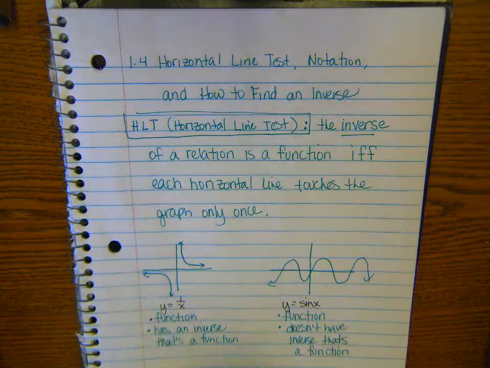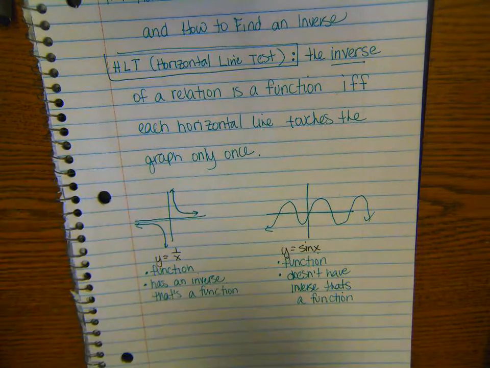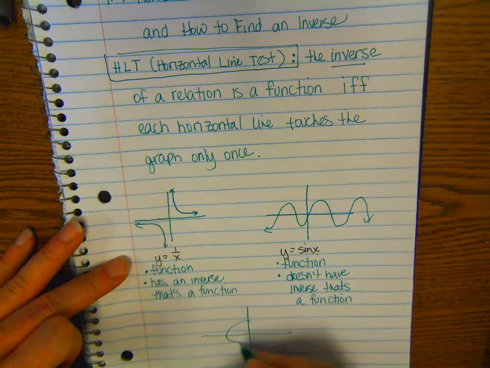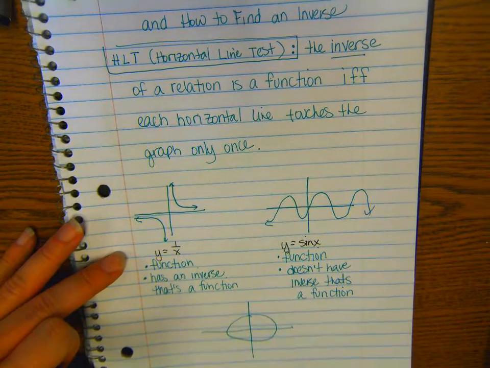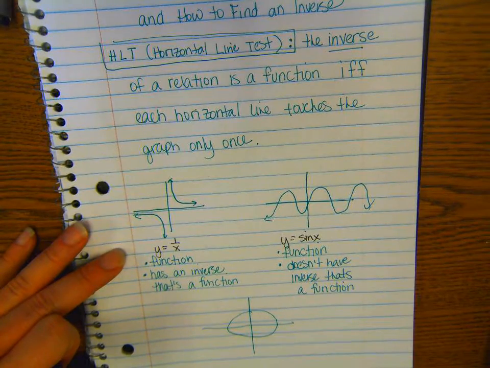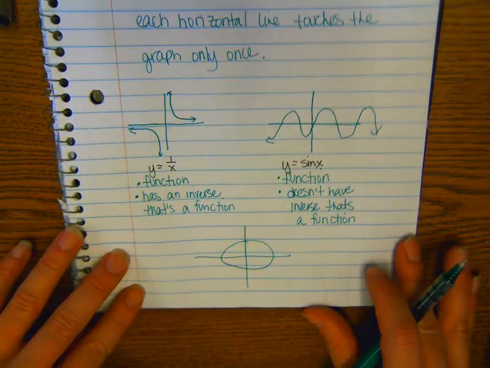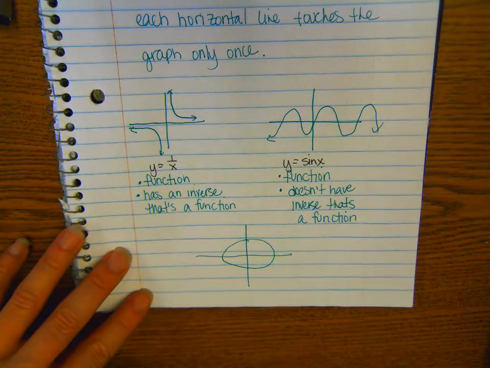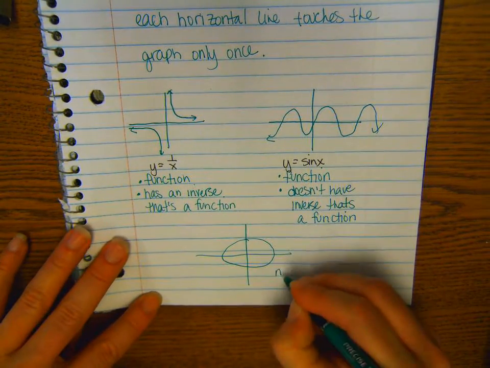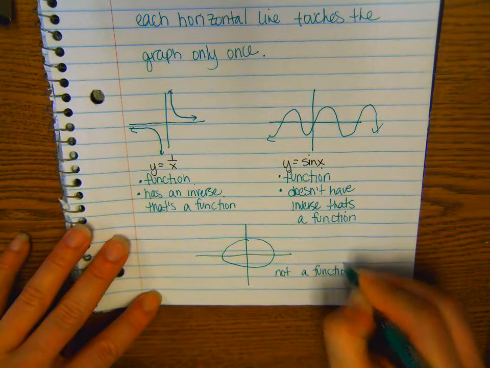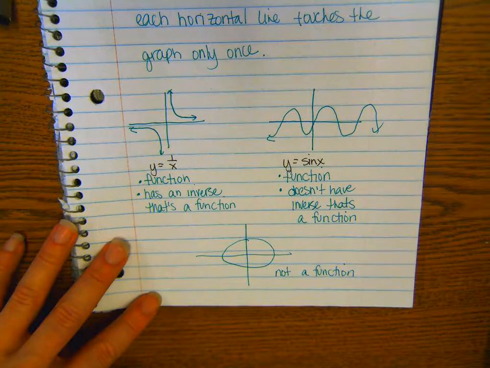Okay, last one. Maybe you remember this from last year too. Did you guys do conic sections last year? A little bit. This is an ellipse. Okay, is an ellipse a function? No. Okay, so this is not a function. Is its inverse a function?